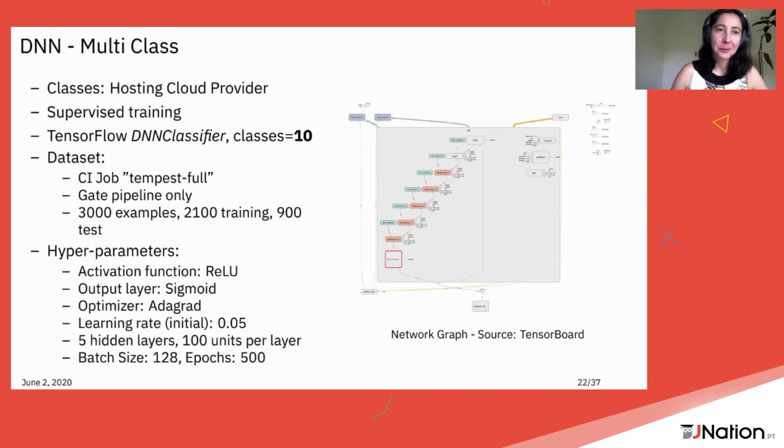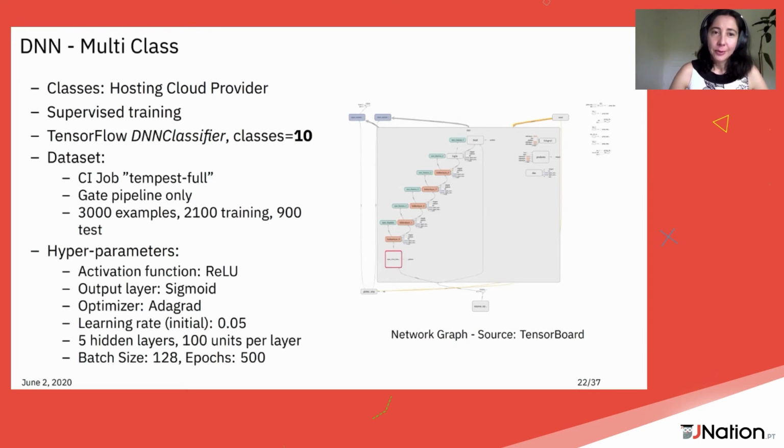Our second set of experiments was using supervised learning again, but now on a multiple classification problem, where our classes are the hosting cloud providers, which are the cloud operators providing the virtual machines to run the CI jobs.